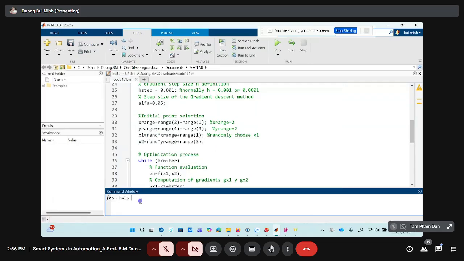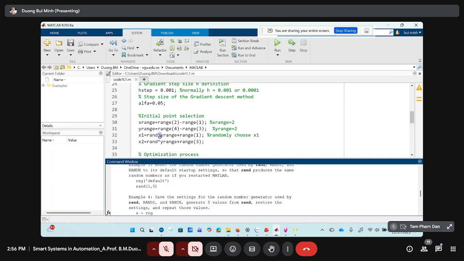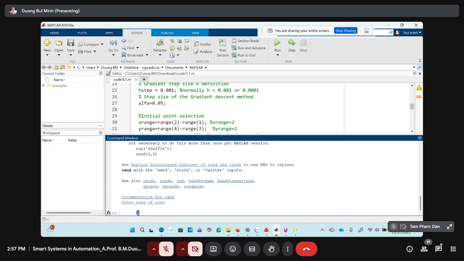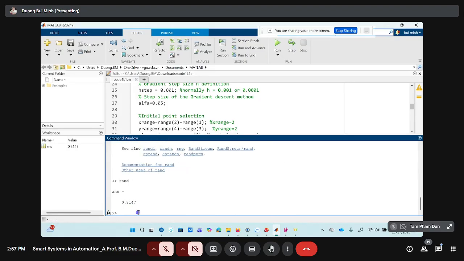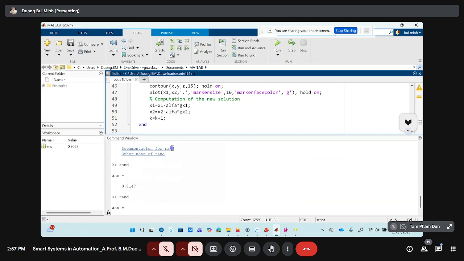You can type help rand, and it will tell you what it does. Rand is a uniformly distributed pseudo-random number between 0 and 1, on the open interval 0 to 1. So if we call rand, maybe it gives 0.8 or 0.9, a random number in the interval between 0 and 1.